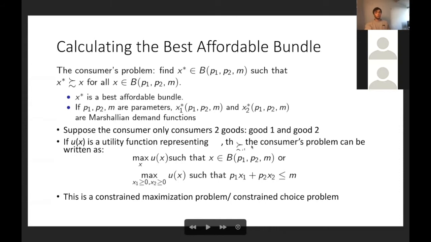We're also going to be looking at the second part there, which is just maximizing utility such that it's actually affordable. And this is a constrained maximization problem, a constrained choice problem. So if you've done Calc 1, Calc 2, you've seen problems exactly like this. The difference now being that we're using economic phrasing, and it's actually two parts instead of just one part. So you have to maximize utility such that it's affordable and such that it's actually within your purchasable bundles.